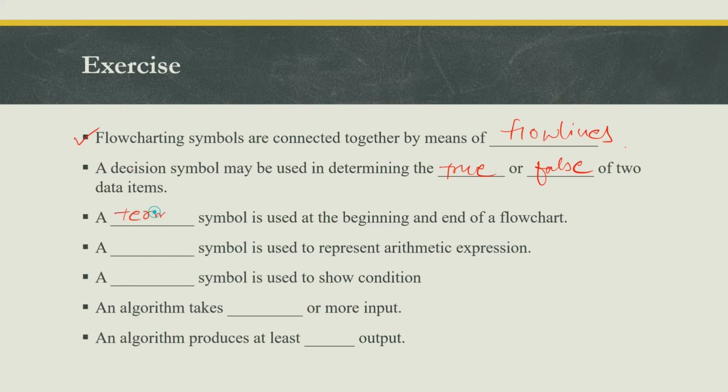A process symbol is used to represent an arithmetic expression. A decision symbol is used to show a condition. An algorithm takes 0 or more inputs. An algorithm produces at least one output. I hope all of your blanks are correct.